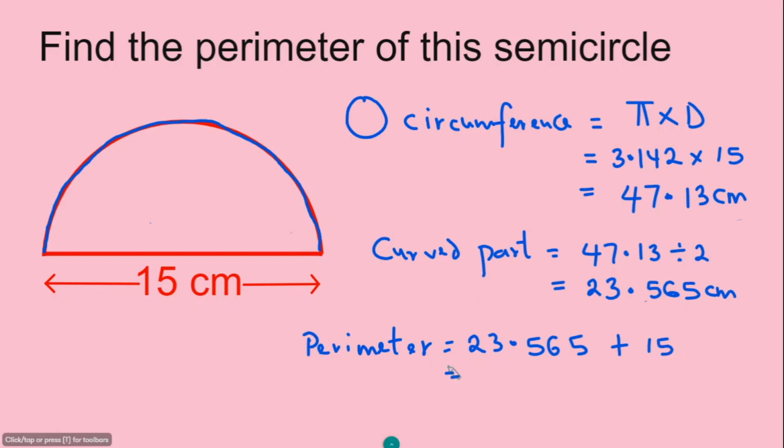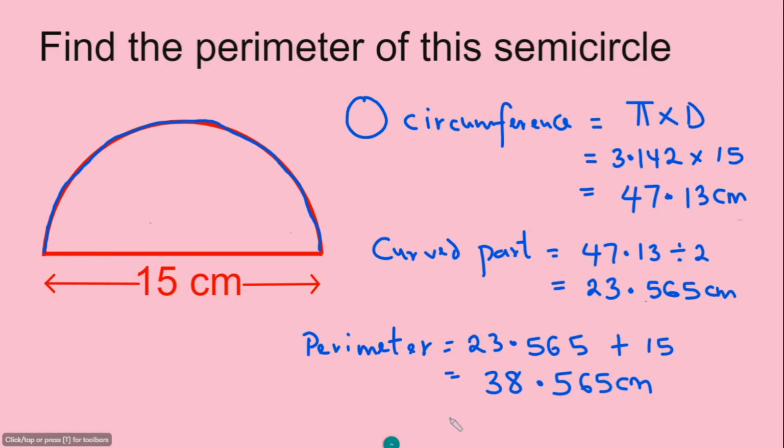If I add this with my calculator or mental addition, I'm definitely going to have 38.565. Of course, because you're doing a perimeter, you're going to leave your unit in centimeters. And that's it. So the perimeter from here to here adds up to 38.565 centimeters.